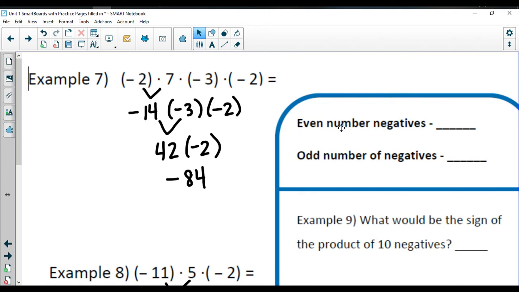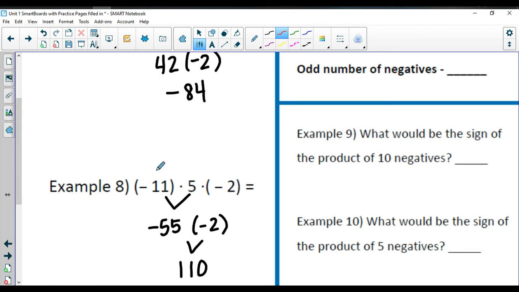If you noticed over here in example number 7, we had 3 negative numbers and 1 positive. The positives aren't really going to change anything. It's the negatives when we're multiplying that cause us the issues. So 3 negative numbers, and I ended up with a negative answer.